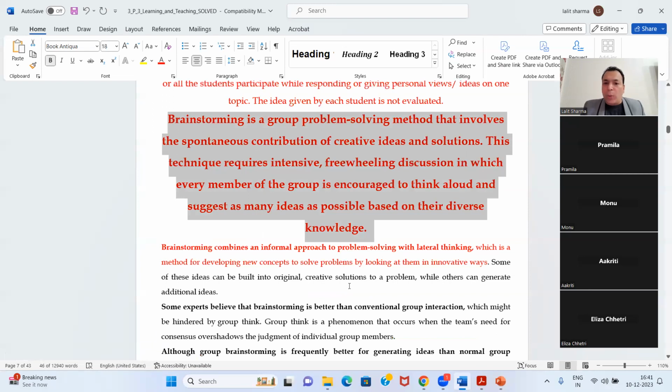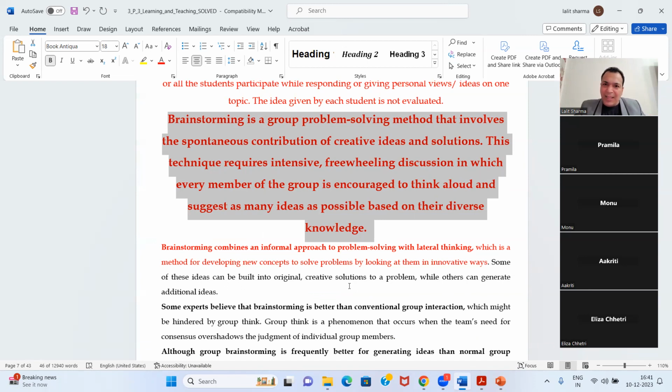Brainstorming is a group problem solving method that involves the spontaneous contributions of creative ideas and solutions. So once you start brainstorming in your class, students start giving creative ideas and solutions. And if you are not aware of the brainstorming and you have joined the school and teaching to the student, so guys, what you are doing?